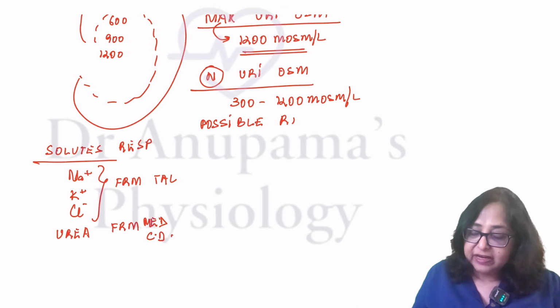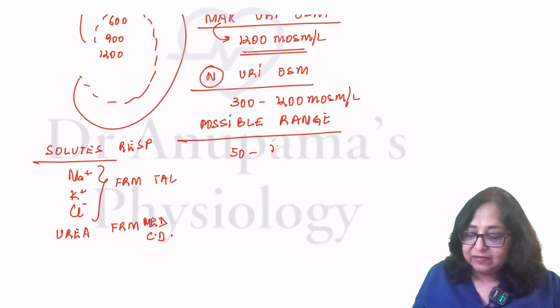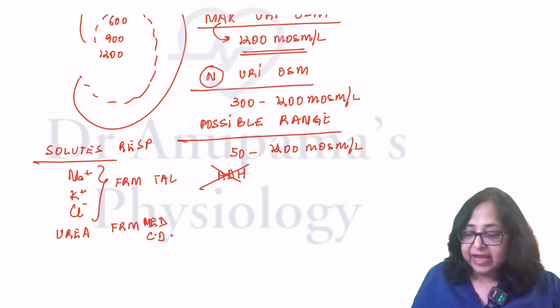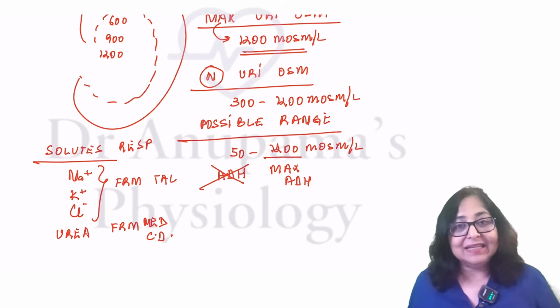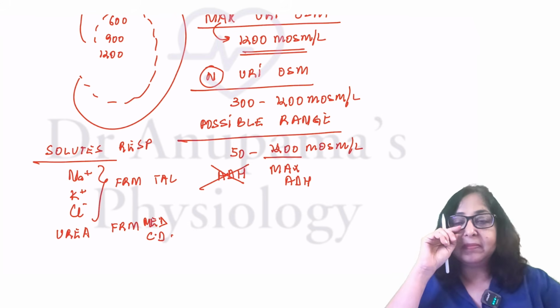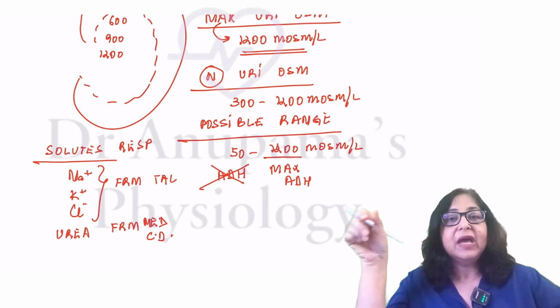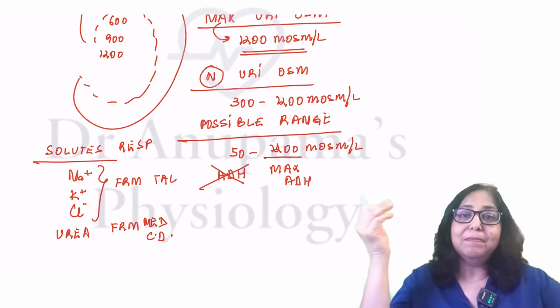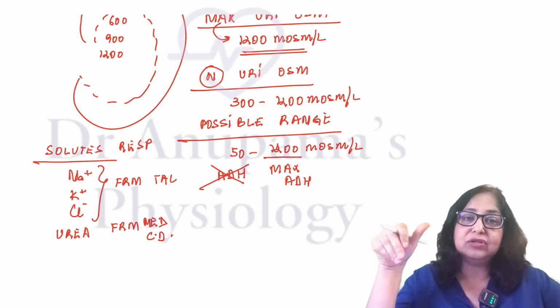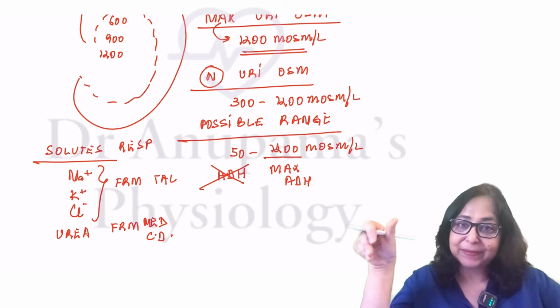The possible range is 50 to 1200 milliosmoles per liter. 50 when there is zero ADH, no ADH at all, and 1200 when there is maximum ADH. So this is your countercurrent multiplier, which is creating a concentrated medullary interstitium. What is the role of the vasa recta? Vasa recta will help to maintain this concentrated medullary interstitium.